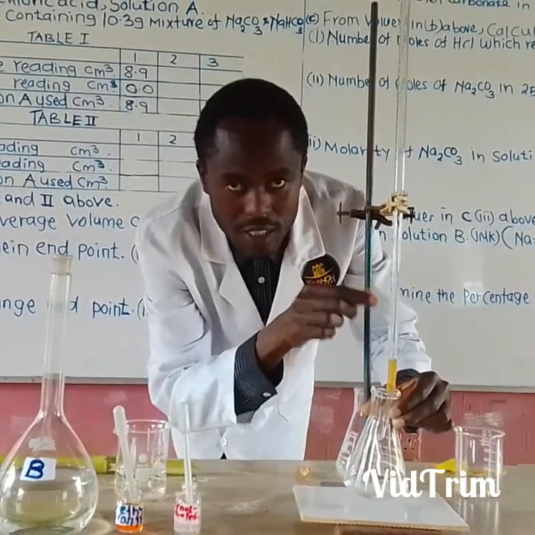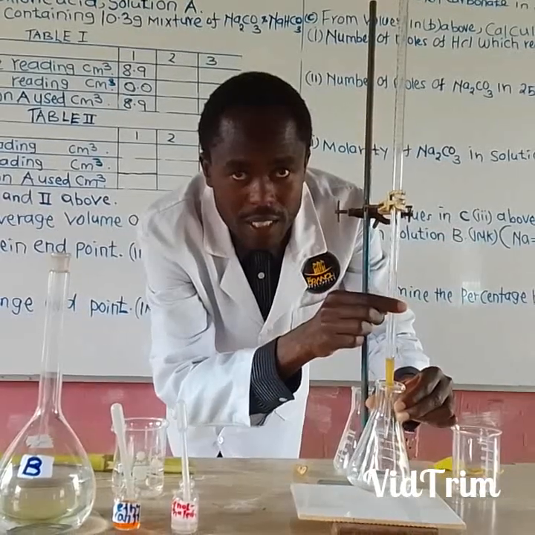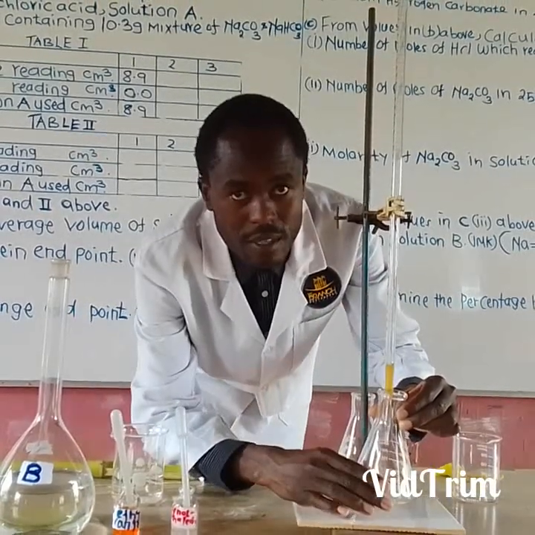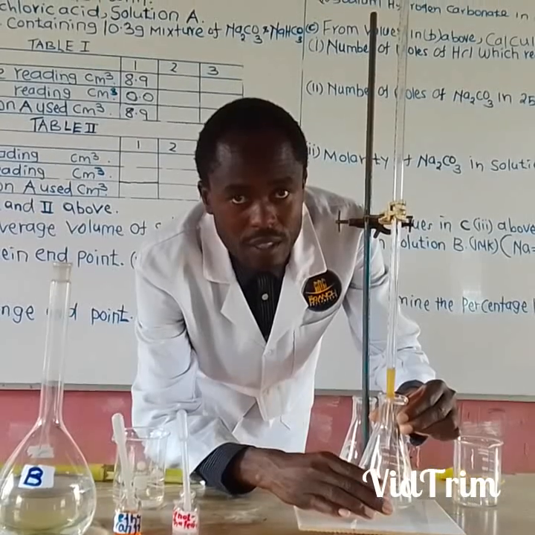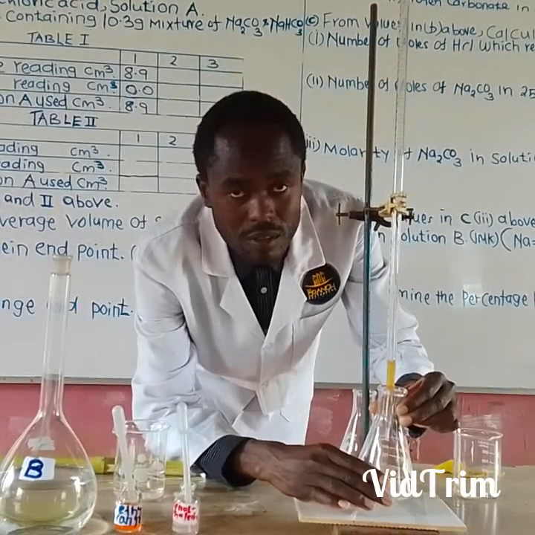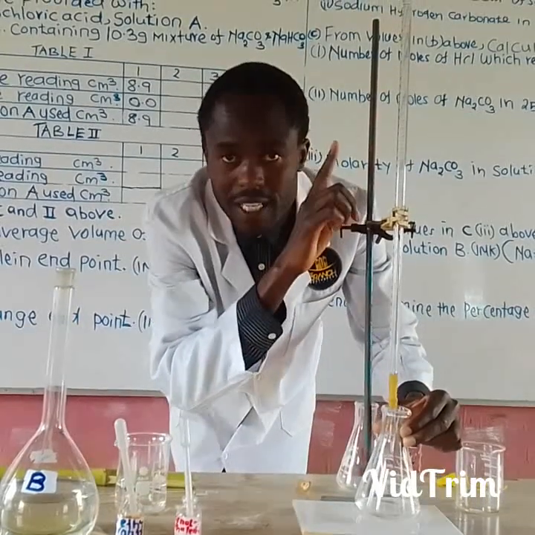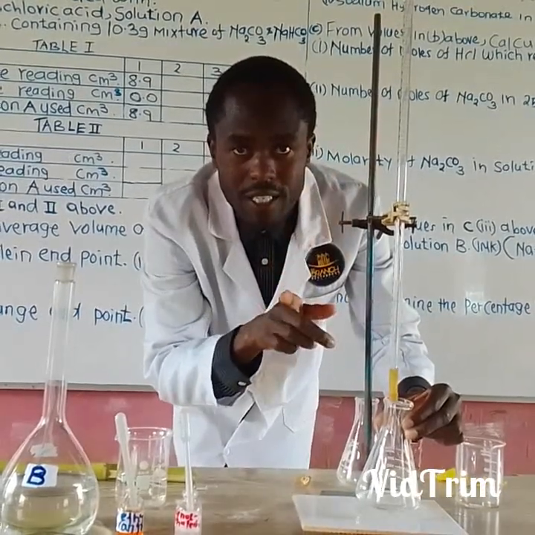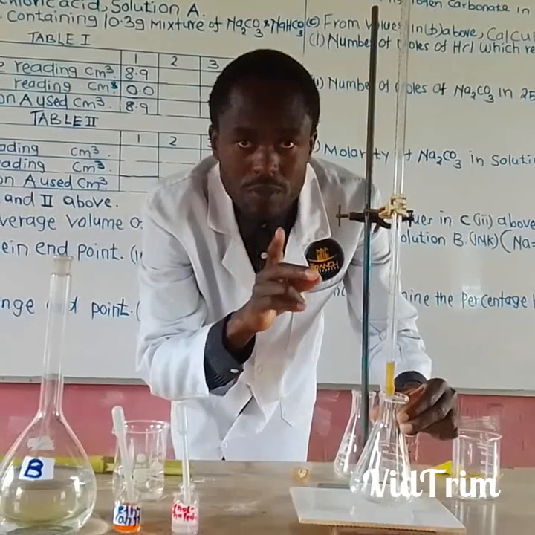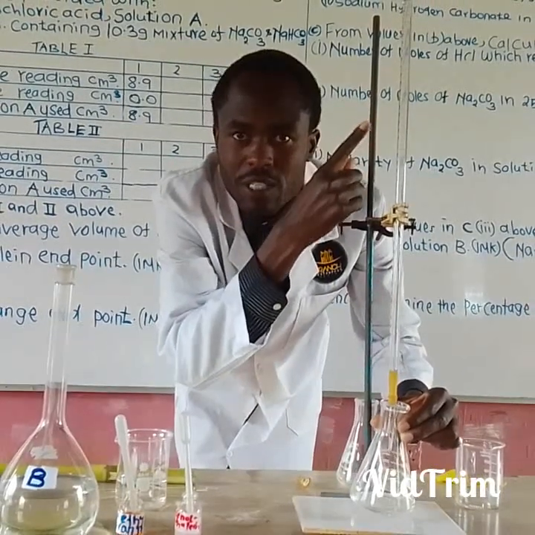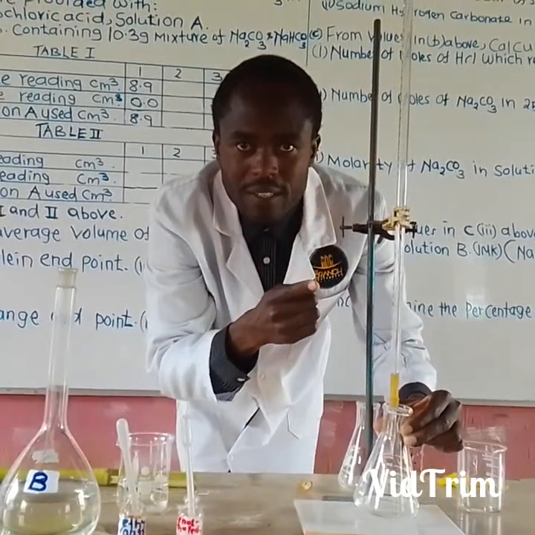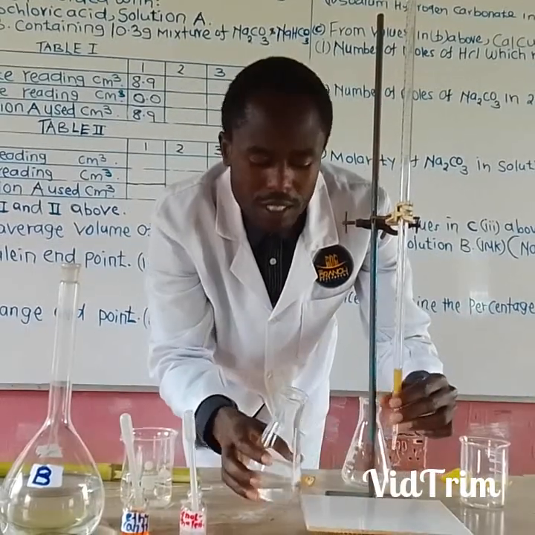Then I continue titrating the remaining solution A against the same. And therefore, our initial volume will be 8.9 from the burette. So the initial value for table 2, we are beginning at that point where we stopped, 8.9. Let me do it.